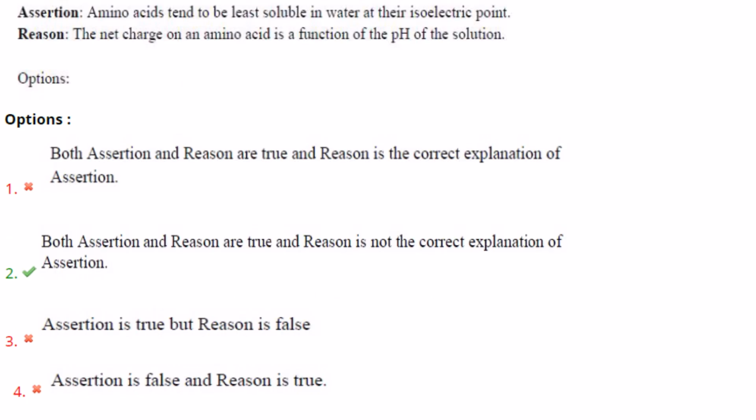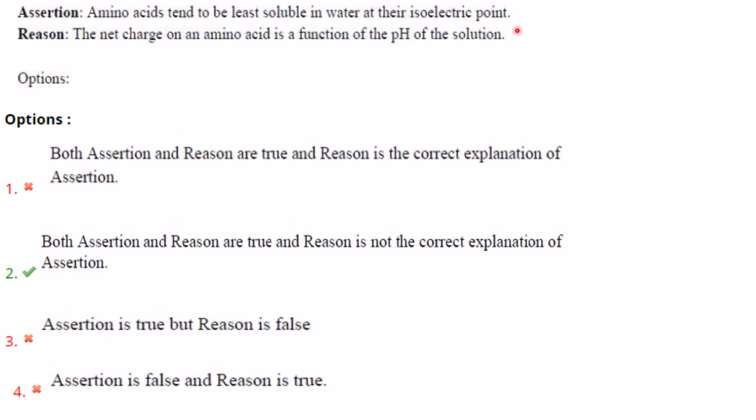Then the next one: amino acids tend to be least soluble in water at their isoelectric point. Yes. So at their isoelectric point means it is the pH where the amino acid will have no net charge.